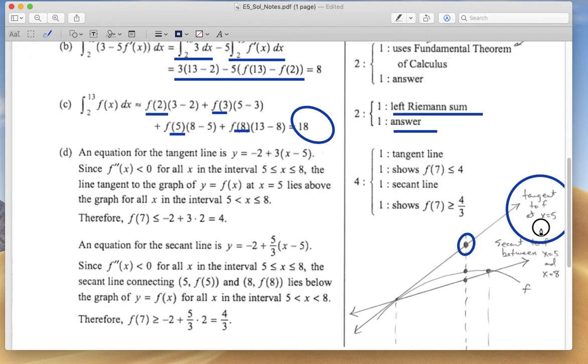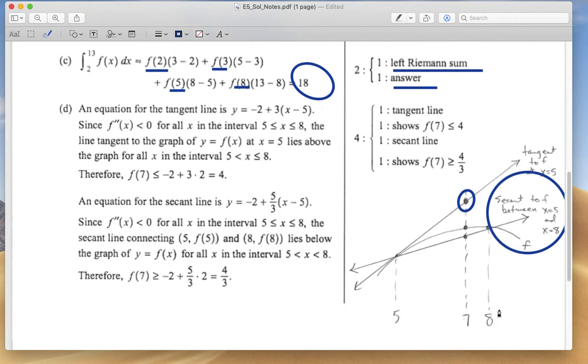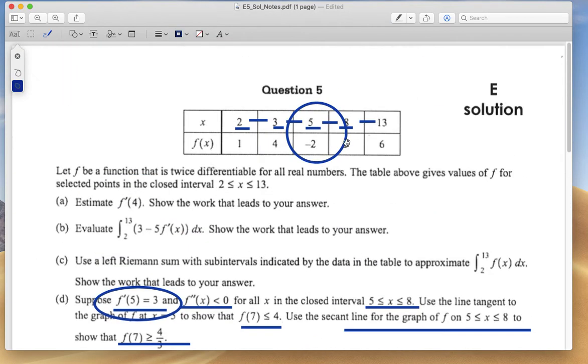Now, can I find the equation of the secant line? Yes, because I have 2 points. I have 8, f of 8, and I've got 5, f of 5 from the table. Notice they gave me 5, f of 5 and 8, f of 8.